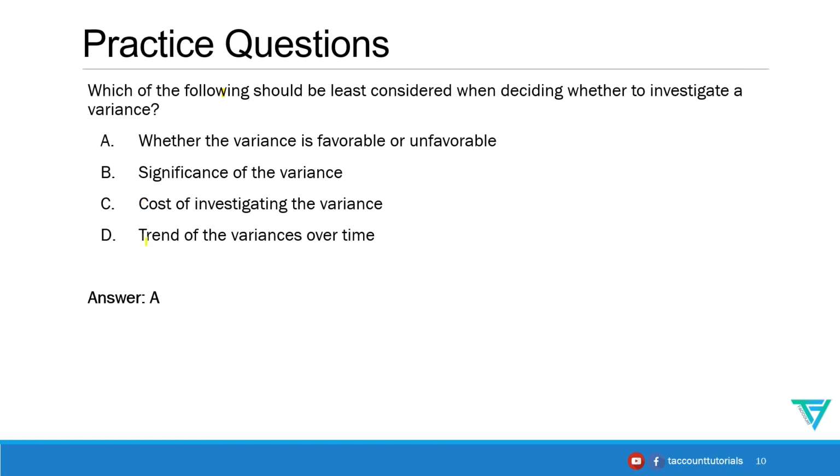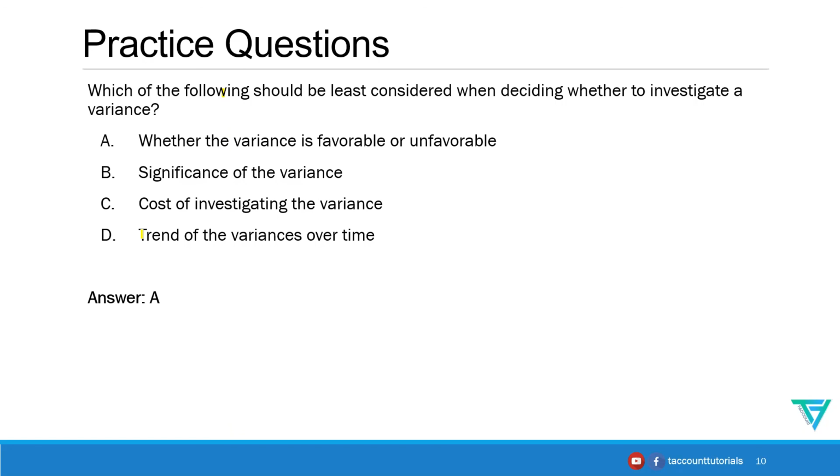And then lastly, trend of the variances over time. This would also provide a sound basis for management's decision, wherein the trend of the variances over a particular accounting period would provide a clue to the future state of the manufacturing process.